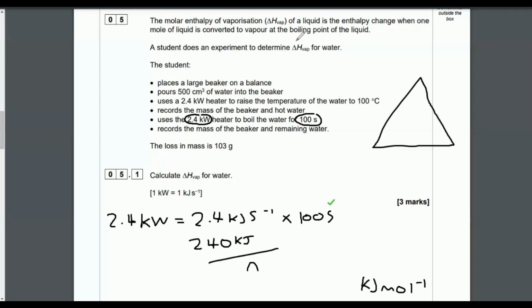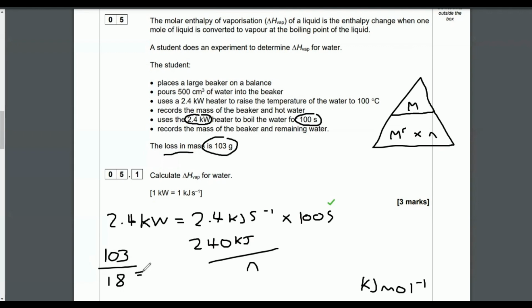Right, the next thing, vaporization of water. Oh, we've got mass, haven't we? Look, we've got a loss in mass. Well, what's being lost? It's just pure water in the beaker, so it's water that's evaporating. So we actually know how much water we used. We've got mass, we've got Mr, and we want moles. So I need to do mass divided by the Mr. And you should all know the Mr of water, so it's 103 over 18, and that is going to give us our moles.